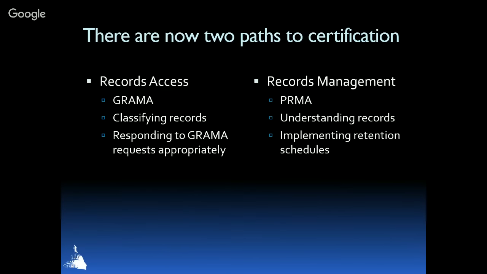But they still had to certify. So by creating a second certification training and test that concentrates on records management, records officers not handling GRAMA requests can comply with the law that says they have to certify annually, but in a way that benefits them and feels relevant. However, if you respond to requests and you maintain records, then both tests can be taken in alternating years.